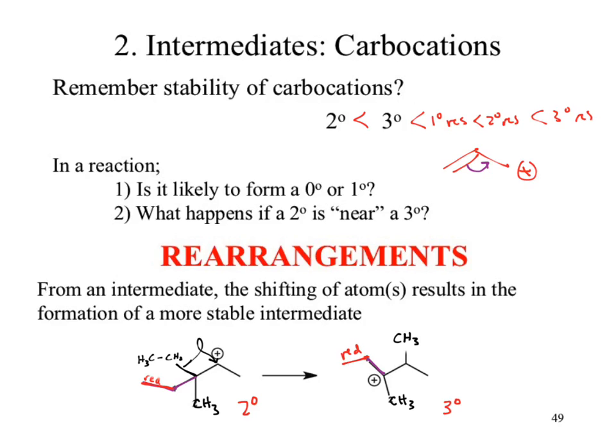You've got to be careful with that erasing. I can shift an ethyl group. I can shift a propyl group. I can shift an aromatic ring. Literally, I can shift any piece I want so long as I generate a more stable carbocation.